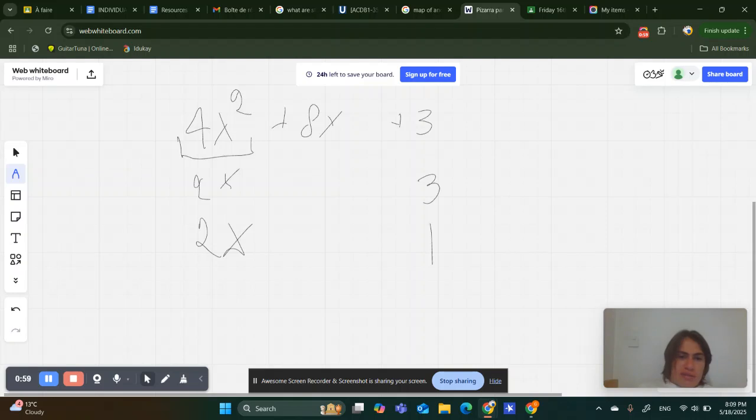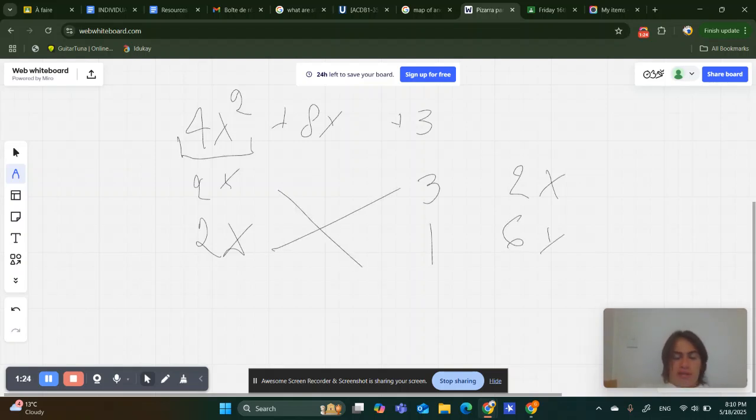Now, the next step to know if we decided these terms correctly is to multiply these in cross. So let's say 2x times 1 is equal to 2x, and 2x times 3 is equal to 6x.